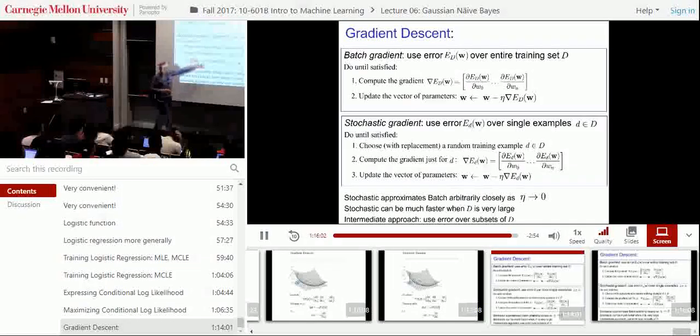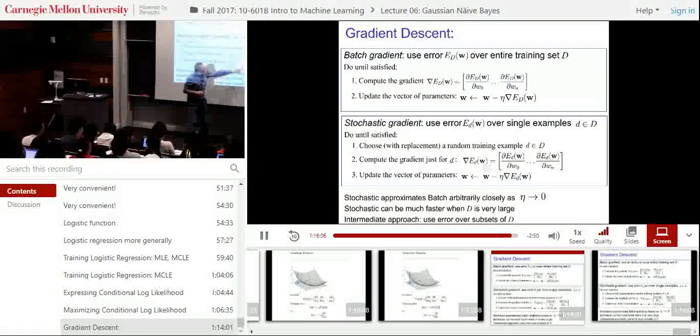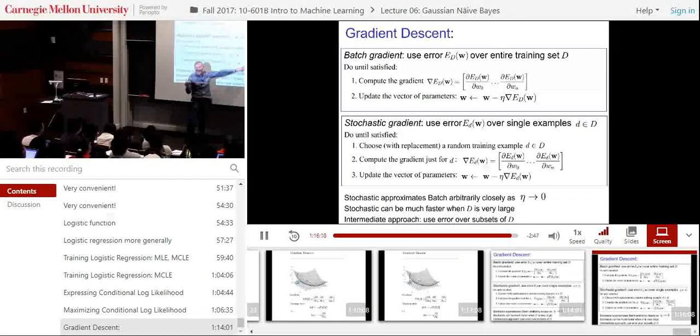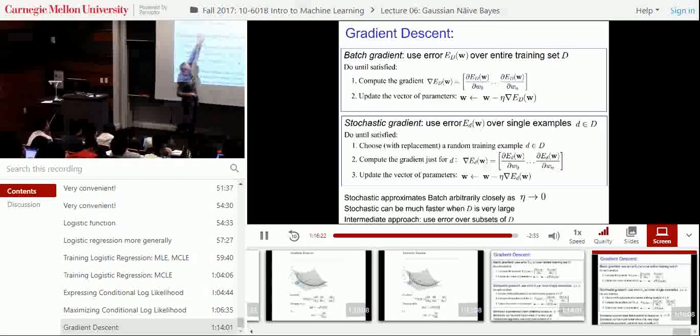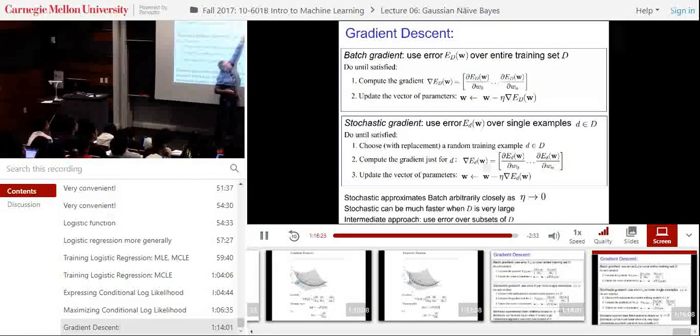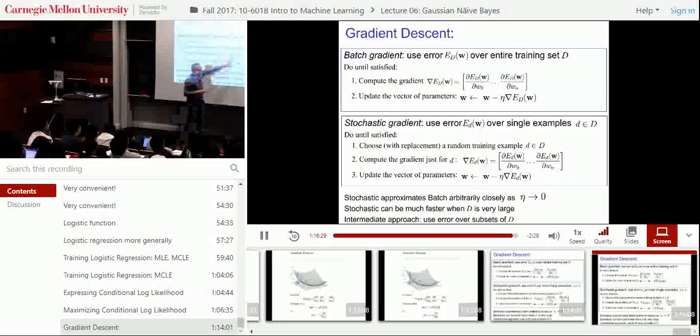Well, it turns out it's easy to prove that if you make your step size small enough, then as this step size approaches 0, this becomes a perfect approximation to that. Think of it this way. Suppose I have 1,000 training examples, and I decide to use a learning rate of 1. But now instead I use the step size of 1 over 1,000.